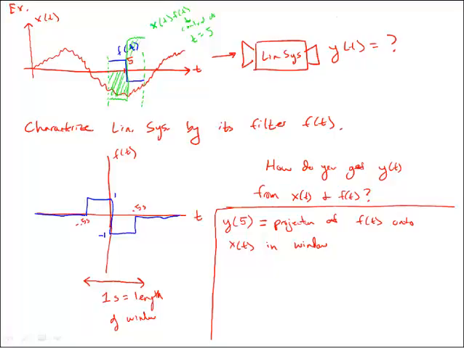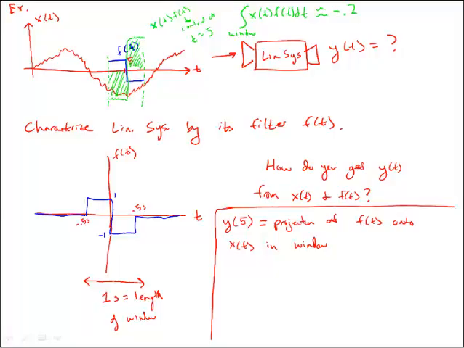And it actually looks like, in this case, the integral is going to cancel out. So it'll be somewhere near 0. So the integral of x of t and f of t dt over that window is something like, maybe not quite 0, maybe it's minus 0.2. And that's it. That's our y of t.